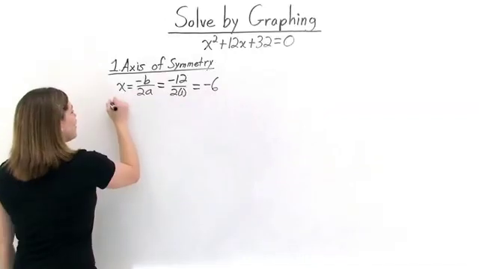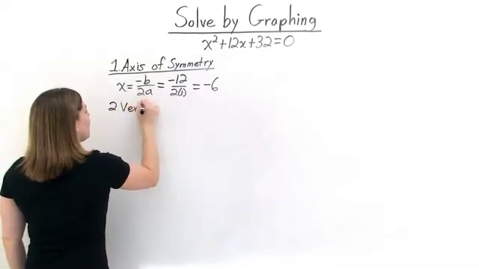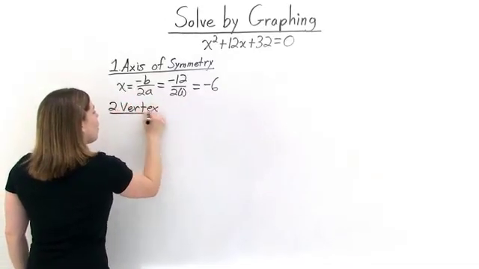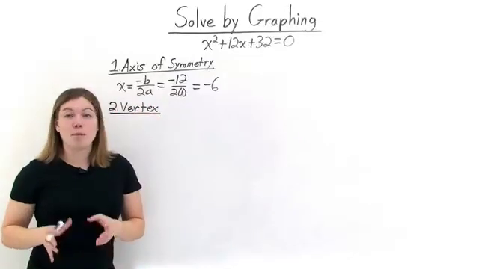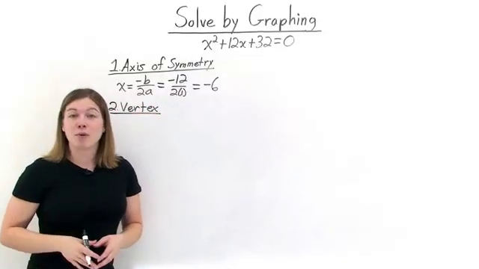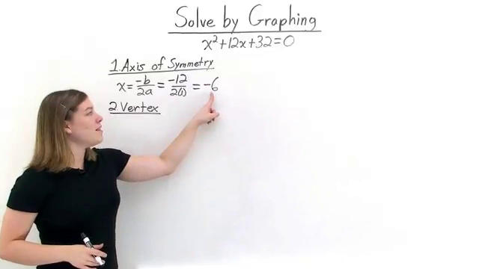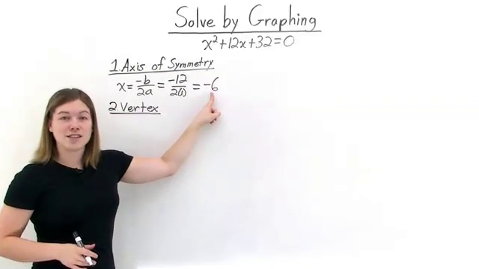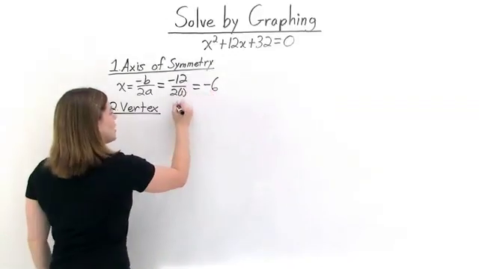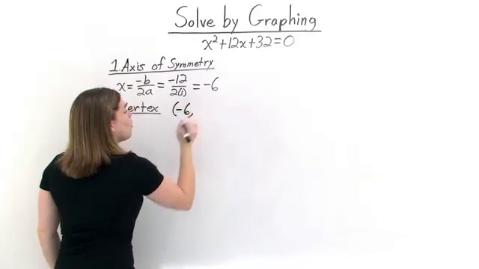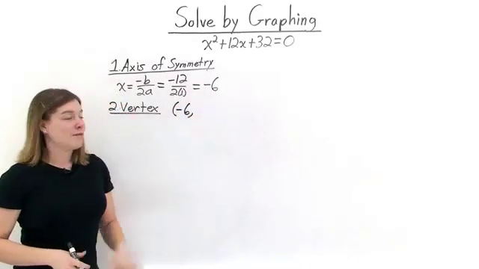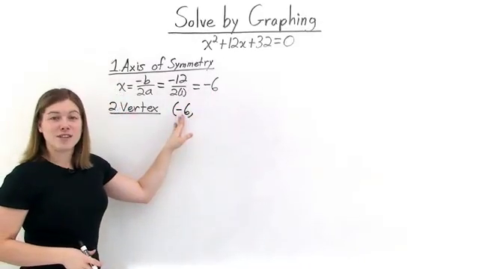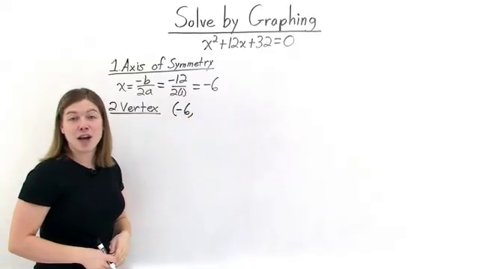Now that we found the axis of symmetry, let's work on finding the vertex. The vertex is the point that's shared by both the axis of symmetry and our parabola. So it has the x value of negative 6, since it lies on the axis of symmetry. That means we already know half of our vertex. Our x-coordinate is negative 6. Now we just need to find our y-coordinate.